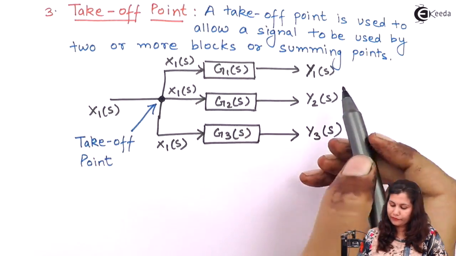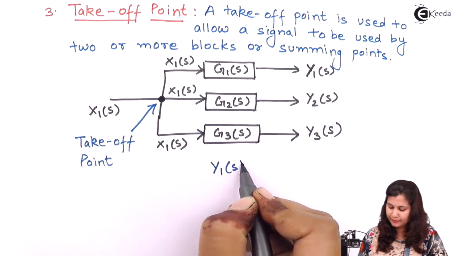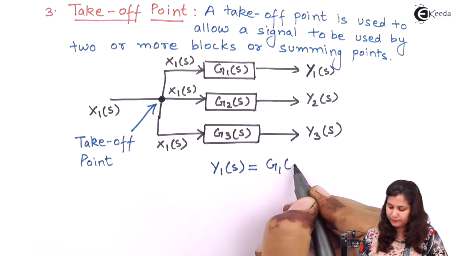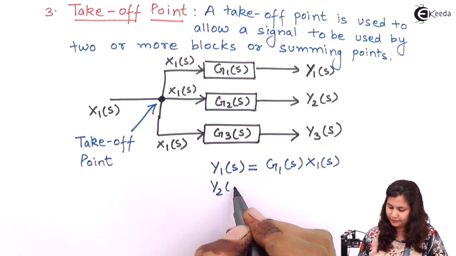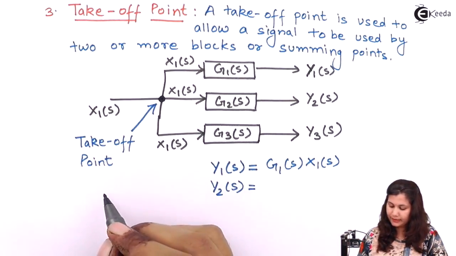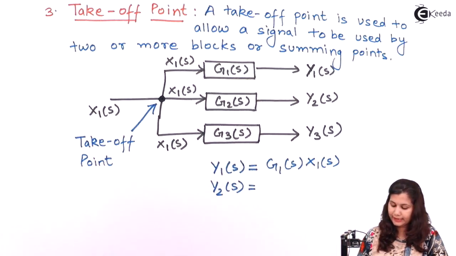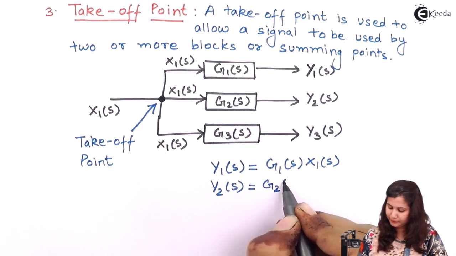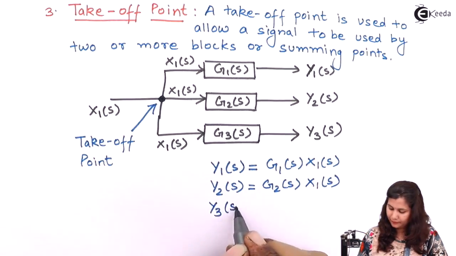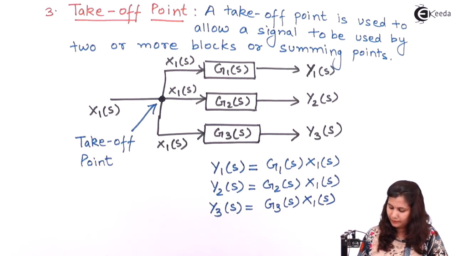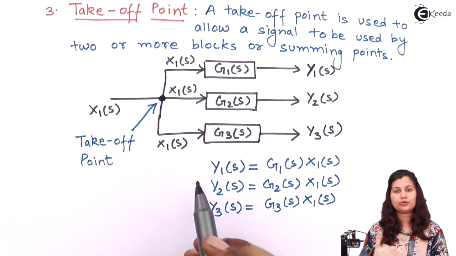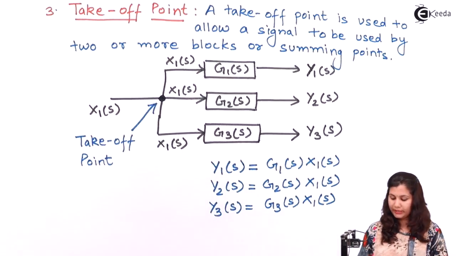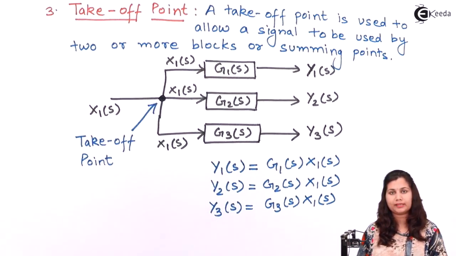So the output of the first block, that is y1s, will be equal to g1s x1s. Similarly, the outputs of the second and the third block will be given in the same way. So you can see that the same signal x1s is used by three blocks. So in this way the takeoff point helps us in the block diagram representation.